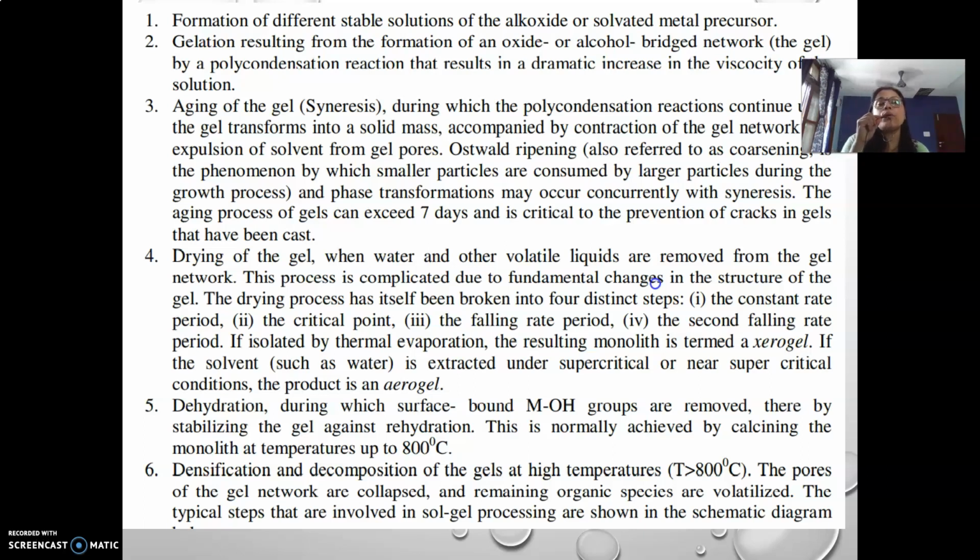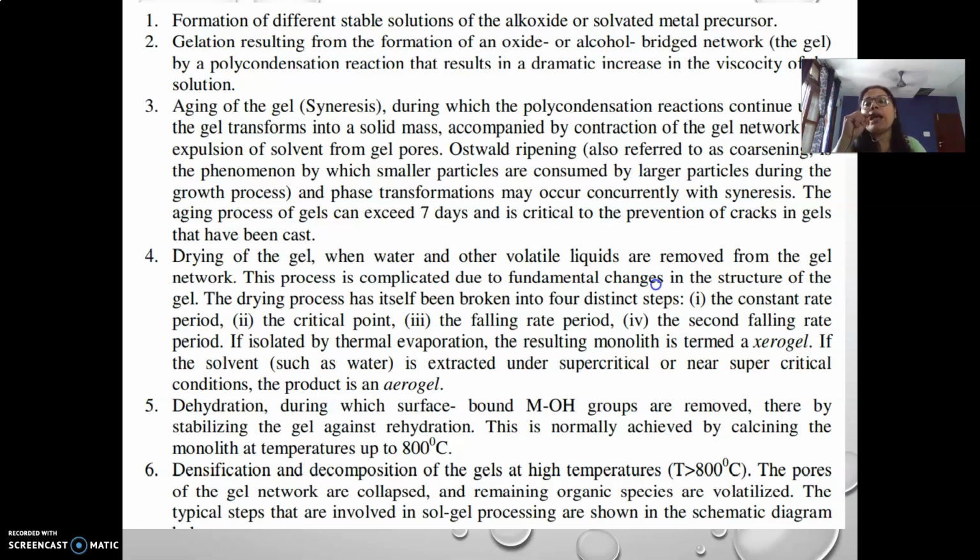That metal alkoxide, with the help of a suitable solvent, will give us a solvated metal precursor, and that solvated metal precursor will next be converted to a gel, which is an oxide or alcohol bridged network, which we call the gel.